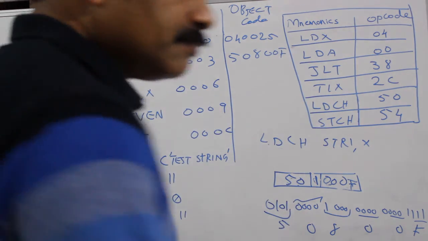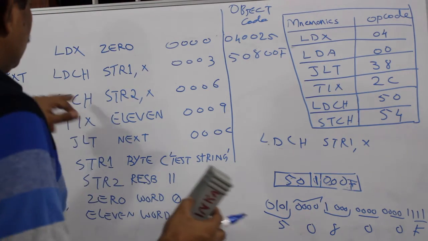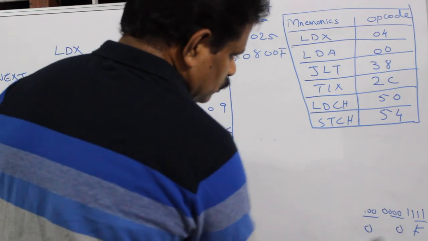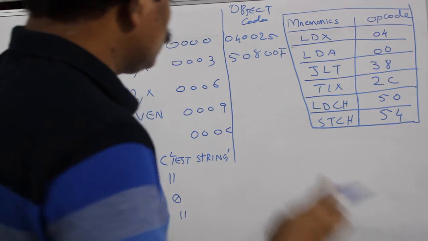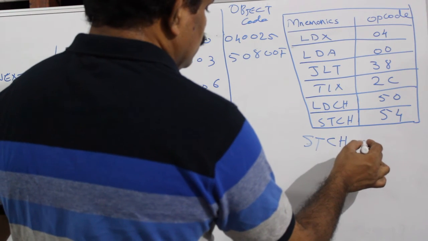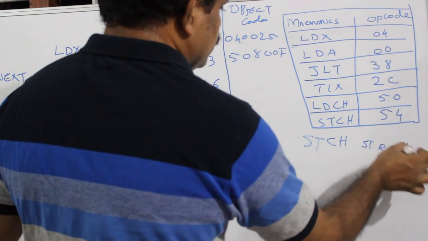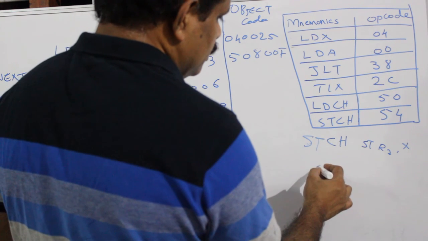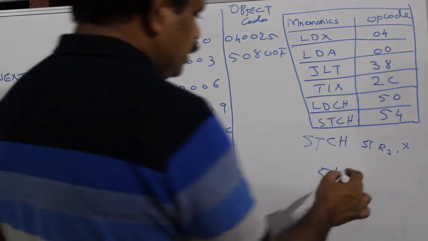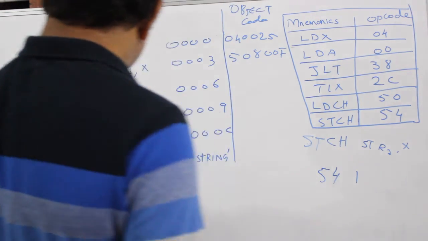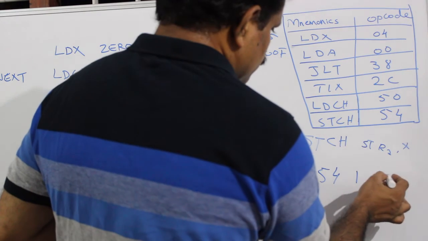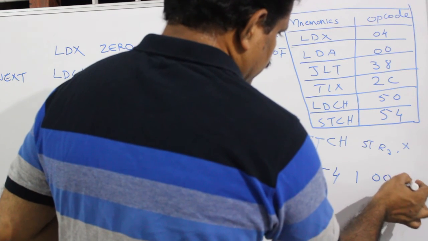Then what is STCH STR2,X? STCH is 54, then it is indexed, so it should be 1. Then what is the address of STR2? It is 001A.